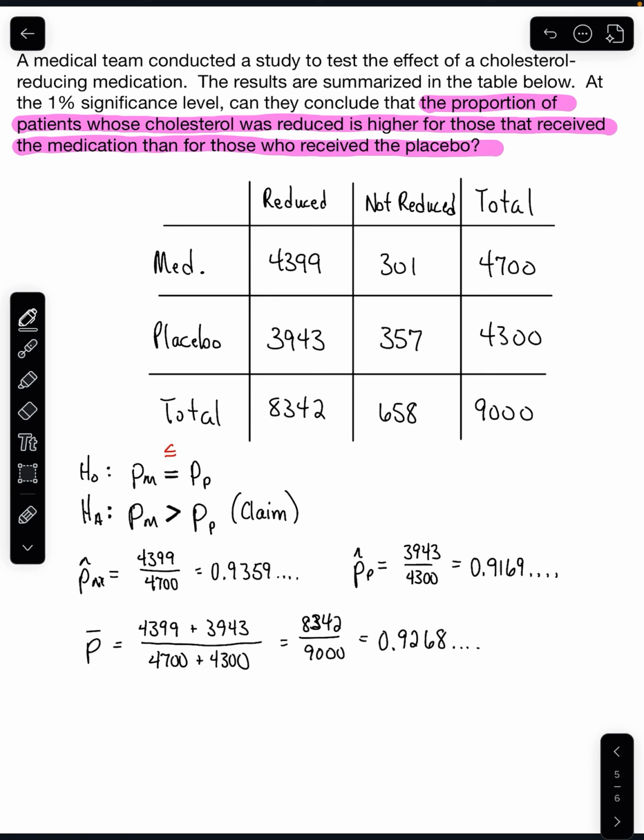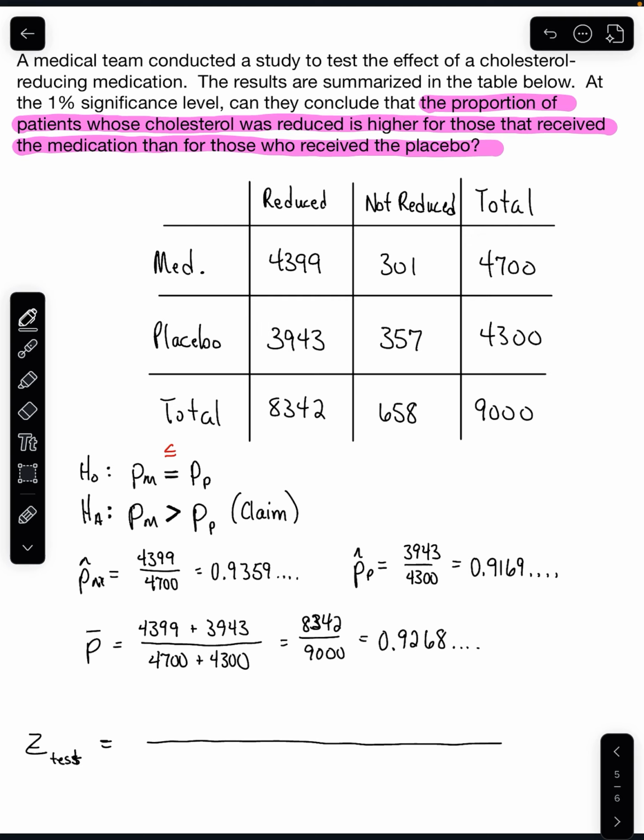So our test statistic is going to come from the difference in our sample proportions. And again, in general, we should do it depending on whether it is a left tail or right tail test.